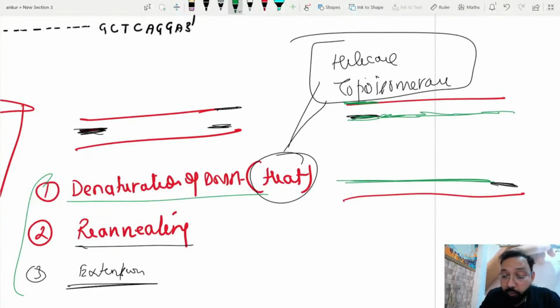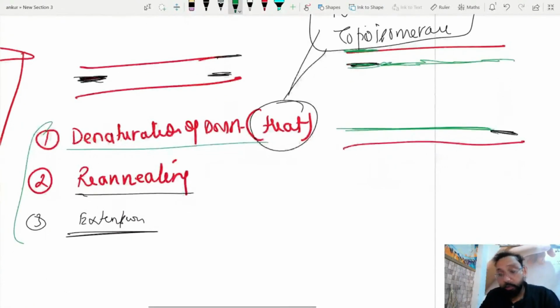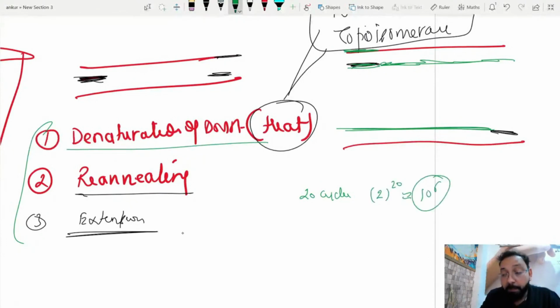In this way, 1 to 2, 2 to 4, 4 to 8, 8 to 16, exponential growth occurs, and we found that after 20 cycles, 2 to the power 20, around 10 to the power 6, millions of copies.